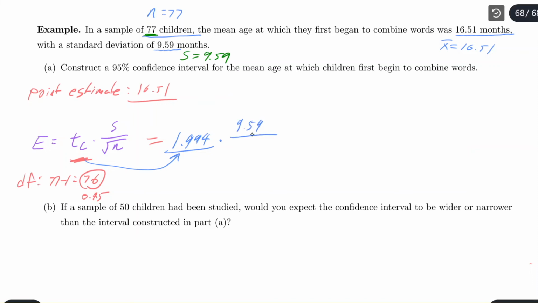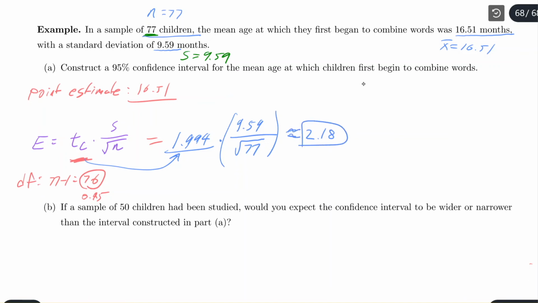In this case, we can always calculate it given the data. Divide by the square root of 77. So we just calculate this to find the margin of error. And this gives us about 2.18. That's the margin of error.